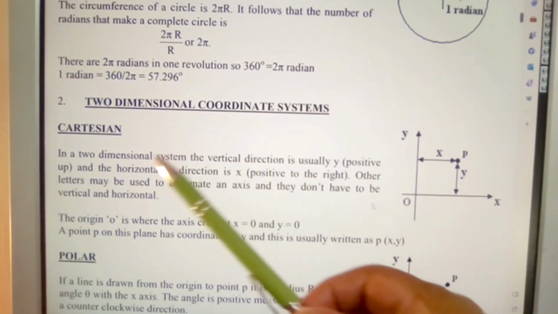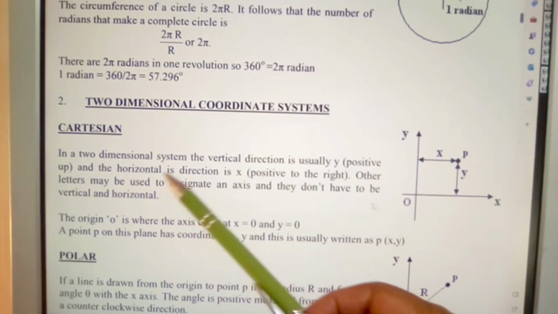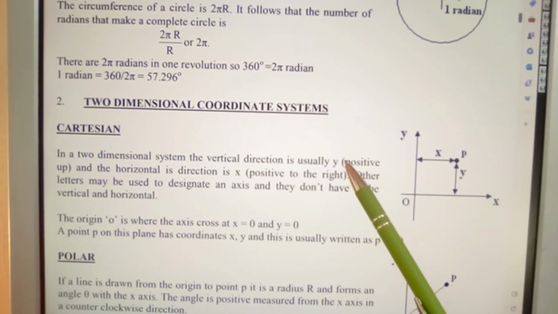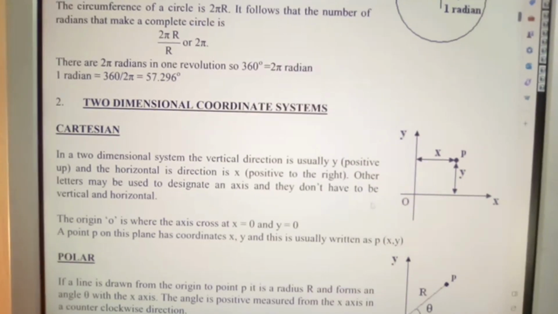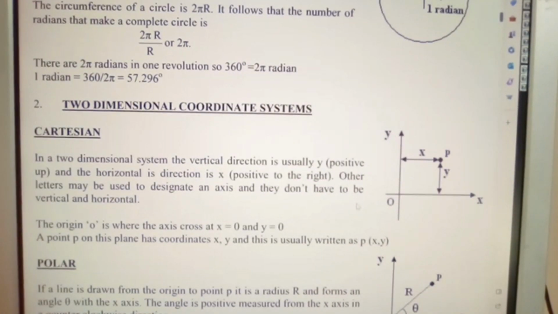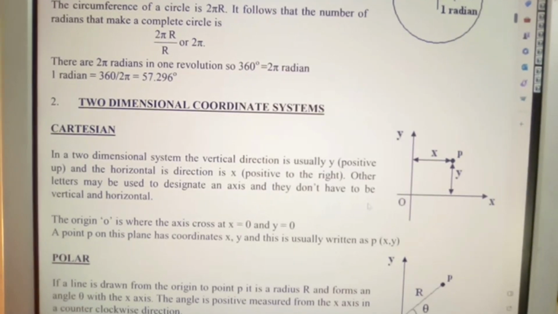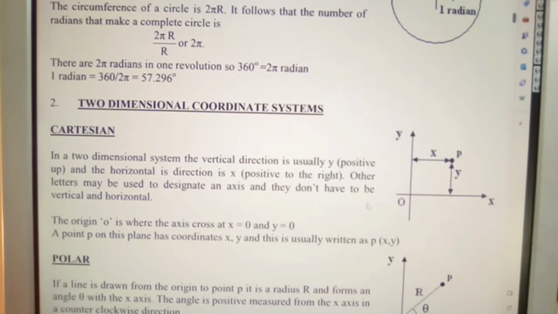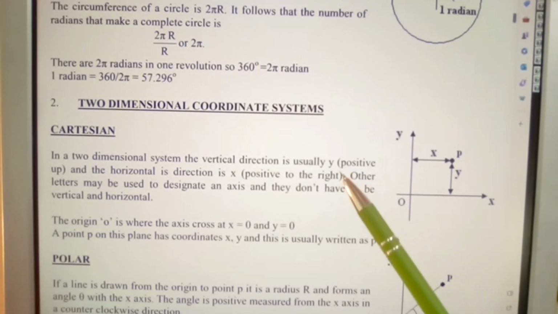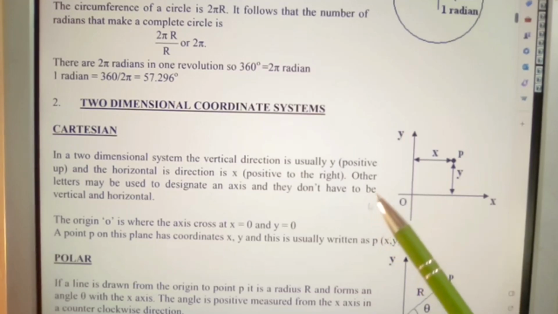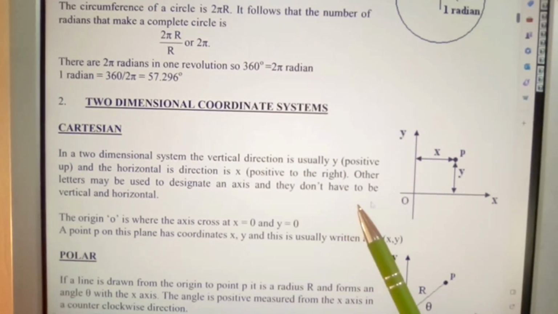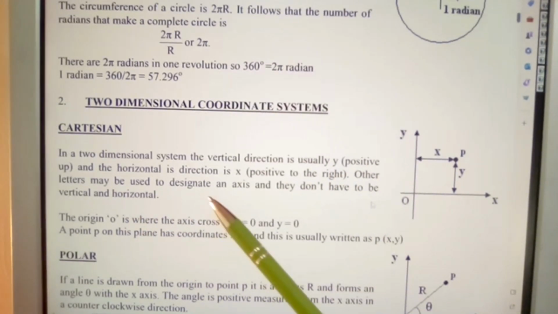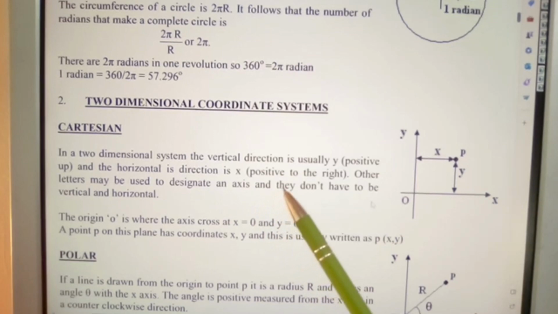Two-dimensional coordinate systems, Cartesian. In a two-dimensional system, the vertical direction is usually y, positive up, and the horizontal direction is x, positive to the right.